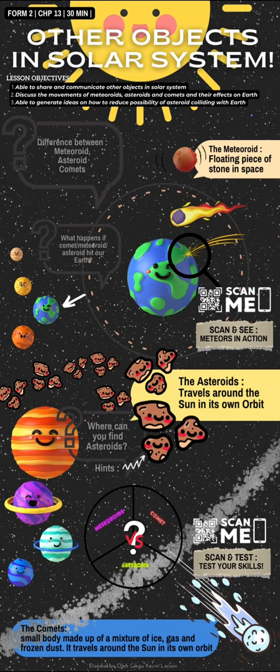What will happen? First one, when the meteors are in action. We see the meteoroid is floating in space, but as it enters the Earth's atmosphere, it is called a meteor, and it can either land on the Earth or just travel through the atmosphere.